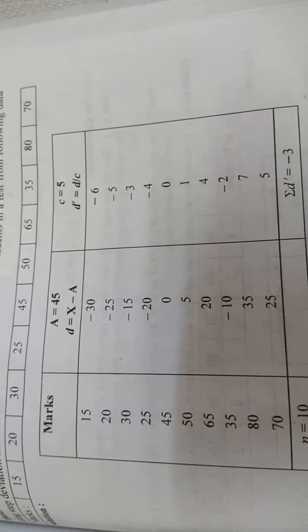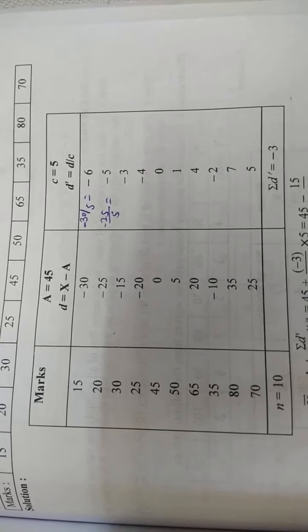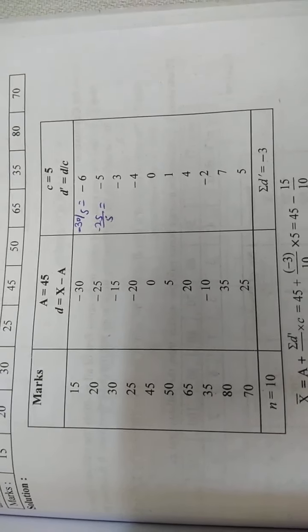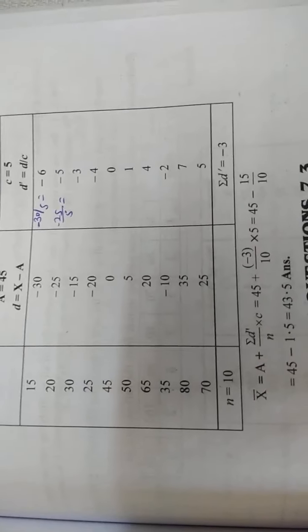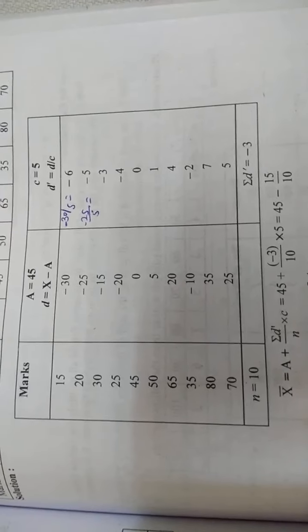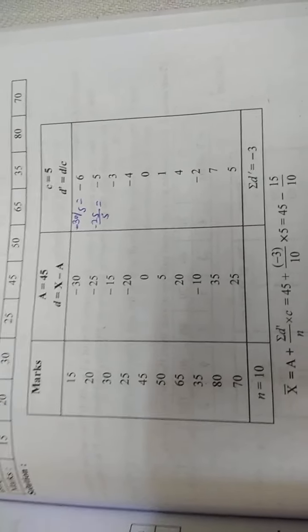So we take 5 as the common factor and divide each value by 5. Minus 30 divided by 5 is minus 6, minus 25 divided by 5 is minus 5, minus 15 divided by 5 is minus 3, and so on. Again take the sum of this d dash by adding minus figures and plus figures separately.